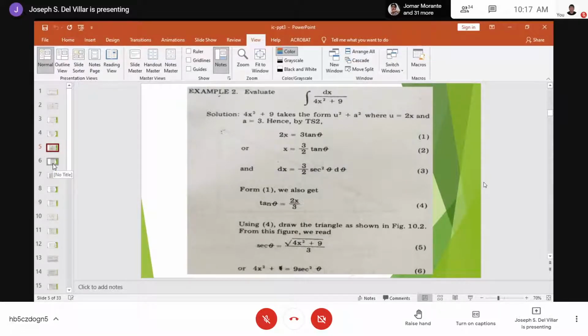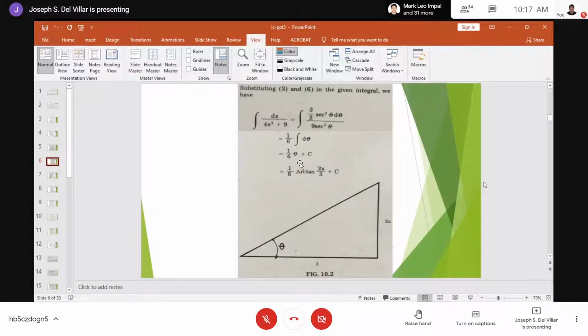So solving for theta, that is arctangent of 2x over 3. So this is integral of d theta is theta. So 1/6 theta plus c.